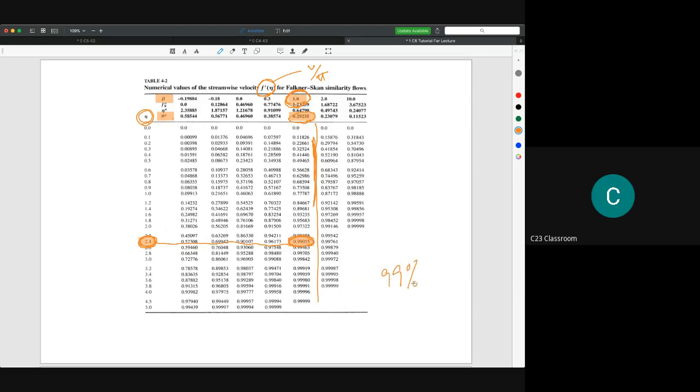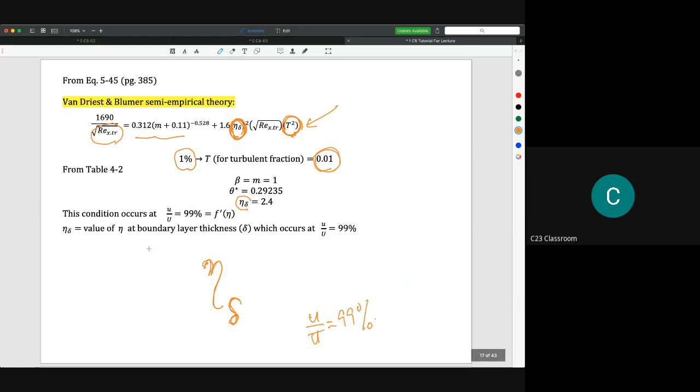Please remember that it is the value nearest to 99%, not nearest to 100%. From this table, the value is 2.4, so we can take eta delta here as 2.4.